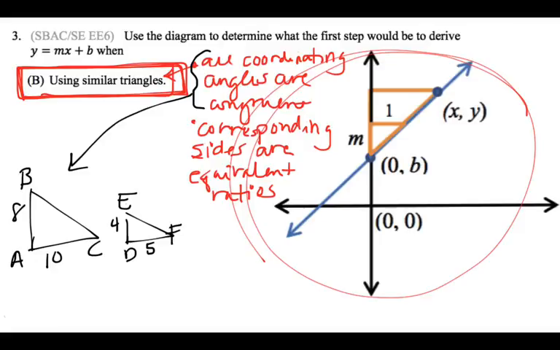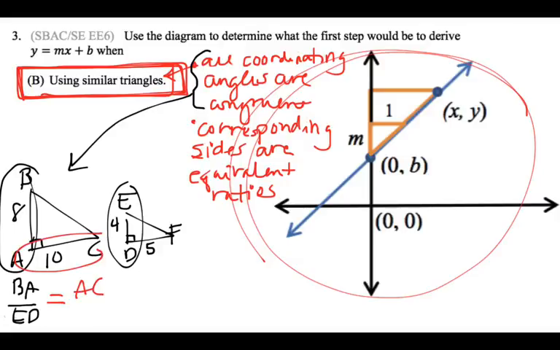Okay, that would mean that if I took this side BA over this side ED, see how those are both the left side, right angle on the bottom? Okay, that means that those two would be equal to AC over DF. Okay, my bottom sides, if I put the bottom sides into a ratio, that would be equivalent to the left legs put into a fraction.